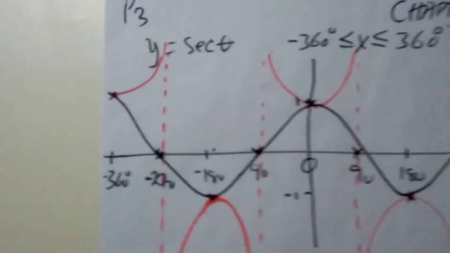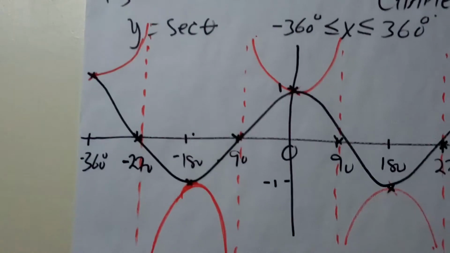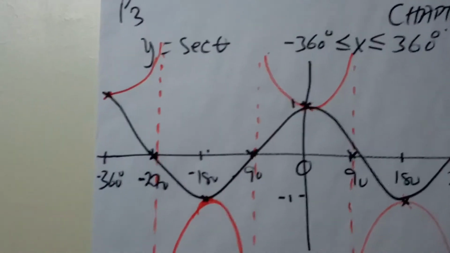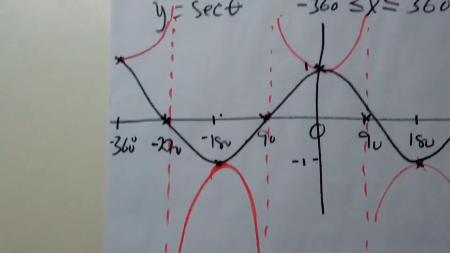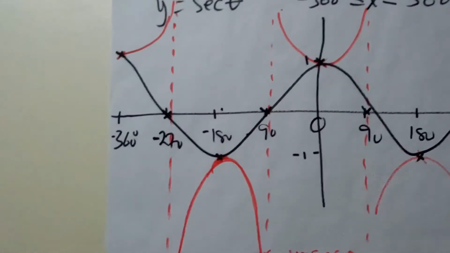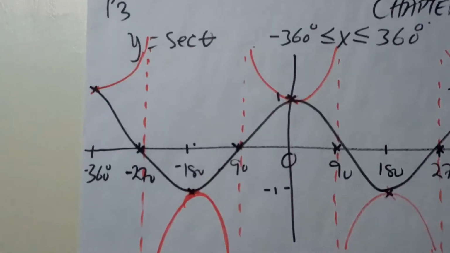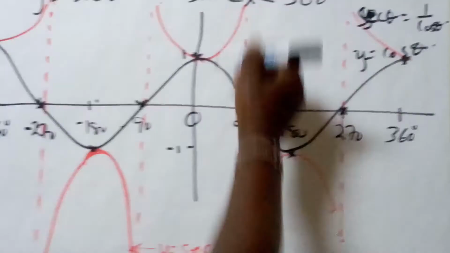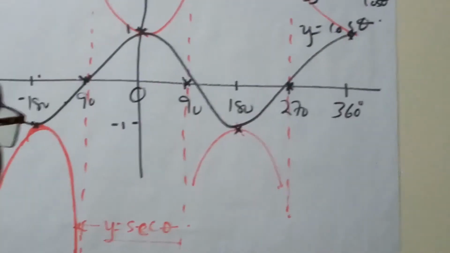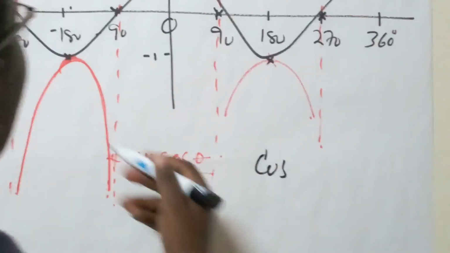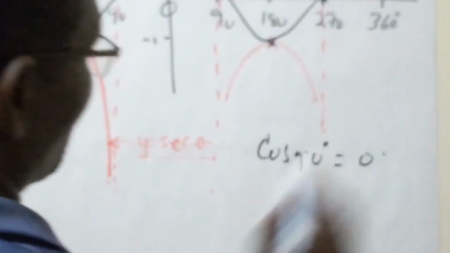It has a vertical asymptote at all the values of x for which cosine x was 0. So we have that asymptote, that asymptote, that asymptote, and that asymptote. Because, for example, the cosine of 90 degrees is 0.